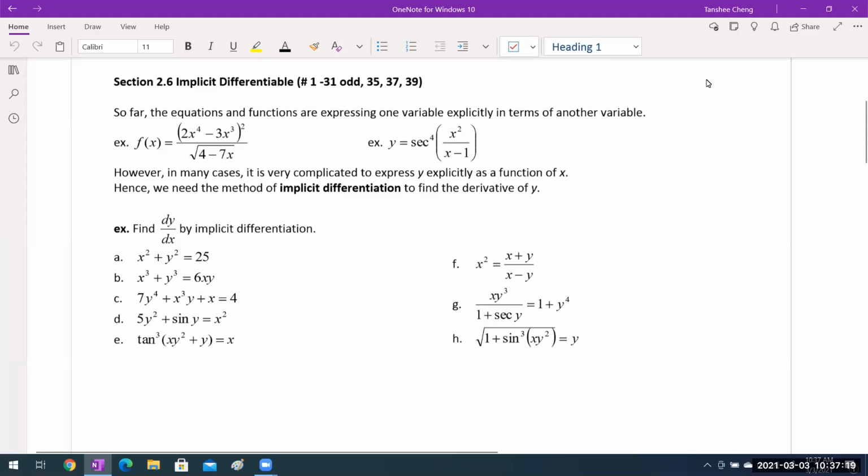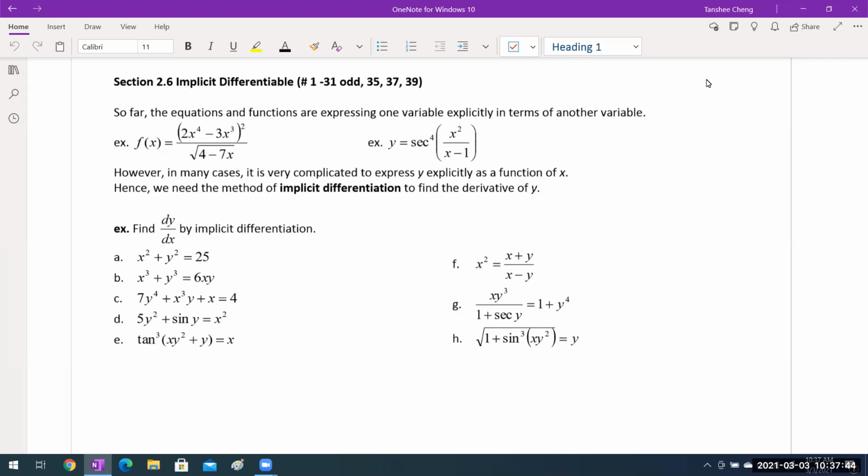2.6 Implicit differentiation. Up to now, the equations and functions that we take derivatives of are called explicit functions, because the functions or equations can be written as one variable in terms of another.